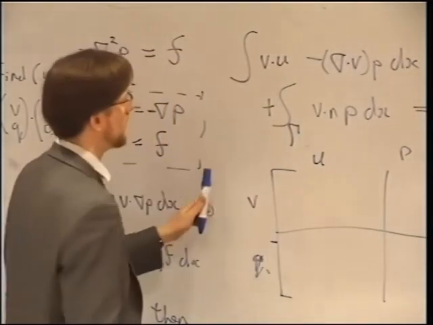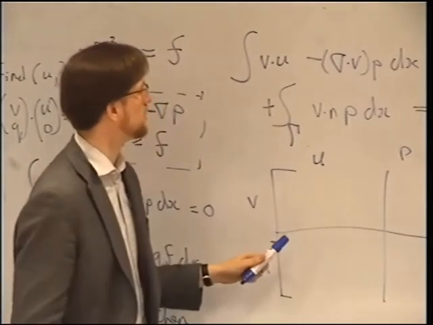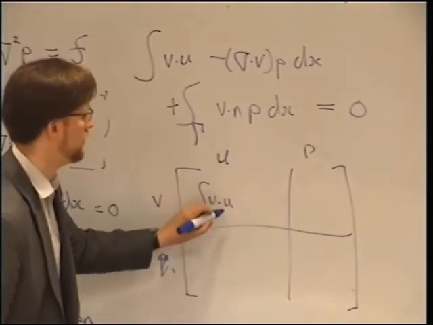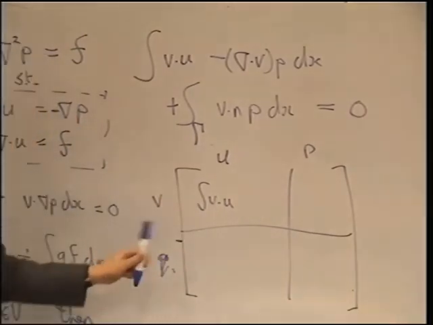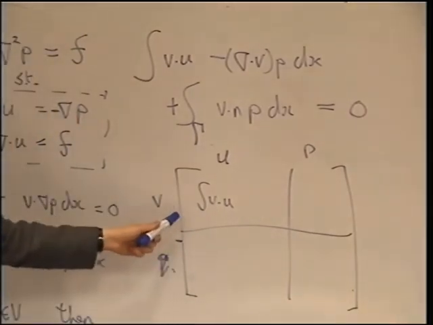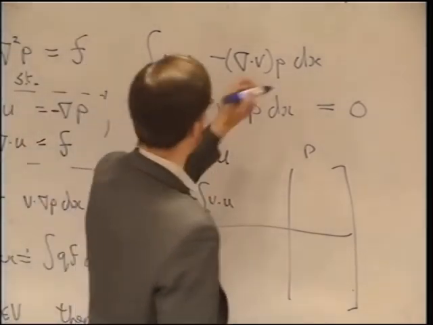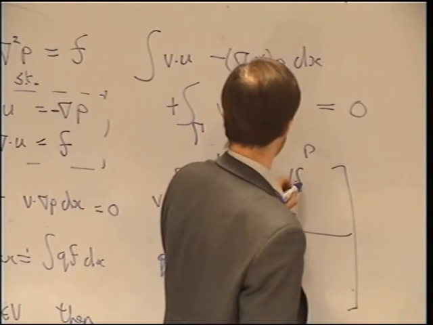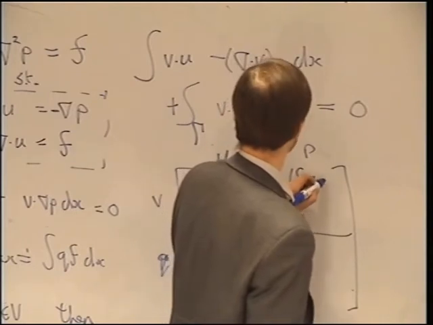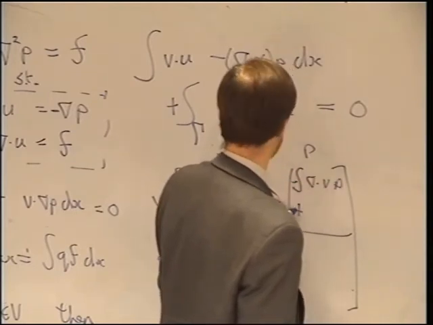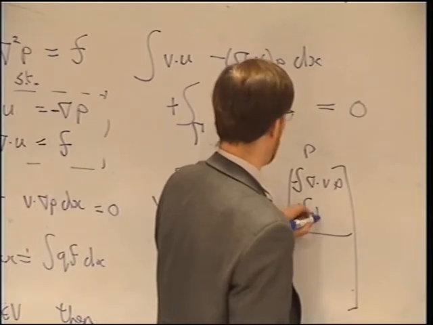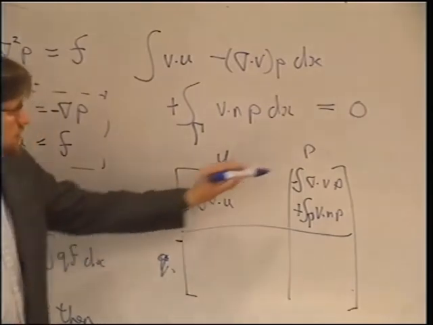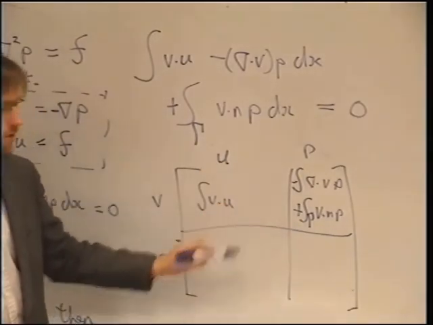So in our case, if we look back here and we ask where do all these things end up, the integral of V dot U ends up in this block, and that looks like a mass matrix in that block. And in this block, we get minus the integral of div V P plus the boundary integral of V dot N P, right? V test function, P trial function.